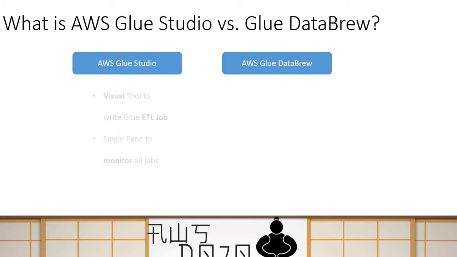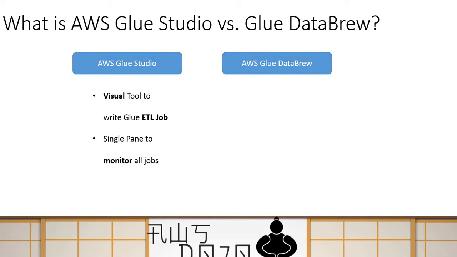If you search for the Glue Studio definition in the AWS documentation, you will find two, in fact three, things about Glue Studio. First, it is a visual tool. That means it's a visually interactive tool. It is used for writing ETL jobs. Yeah, this is very important. It is used for writing ETL jobs.